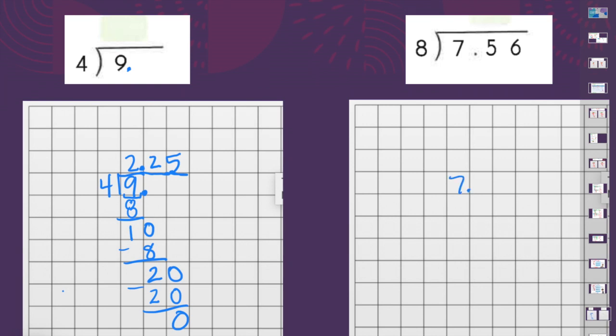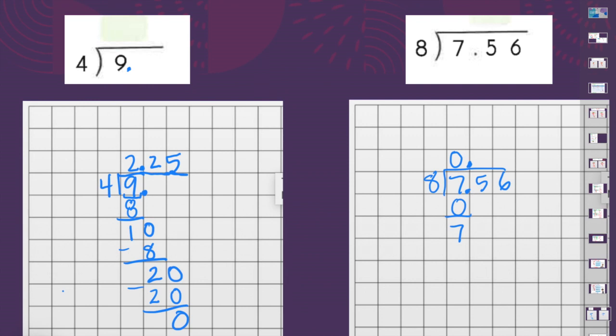And finally, 7.56 divided by 8. Okay, so decimal point in our quotient is step 1. 7 ones cannot be divided into 8 equal groups, so there would be 0 in each group, which means we have 7 ones left to regroup into our tenths place.